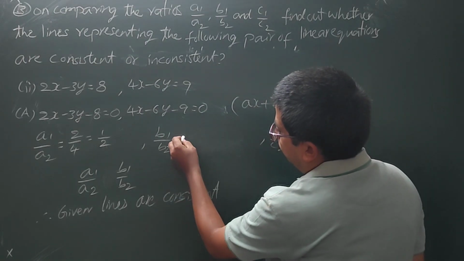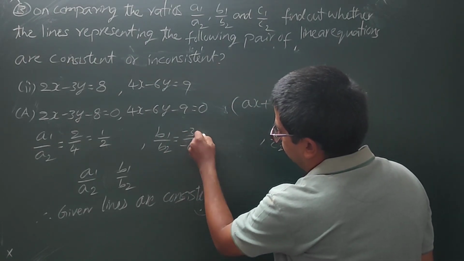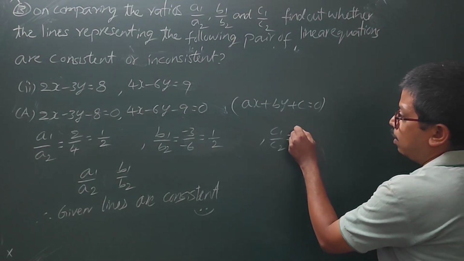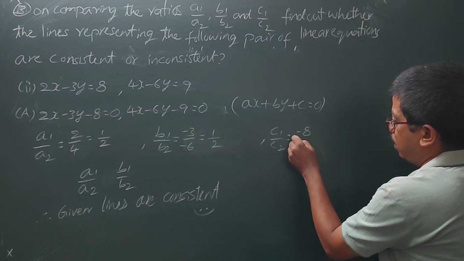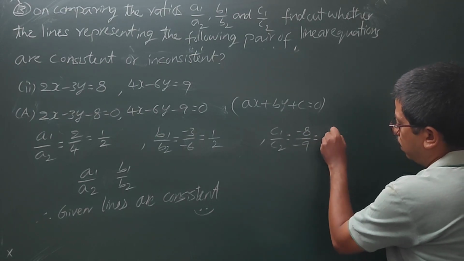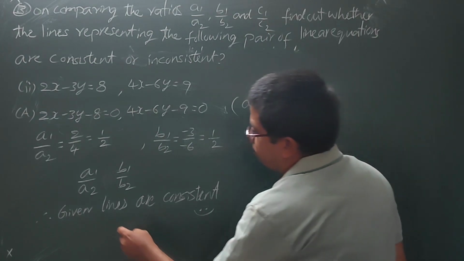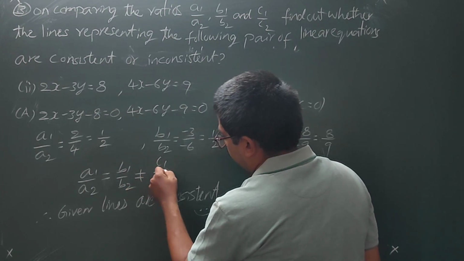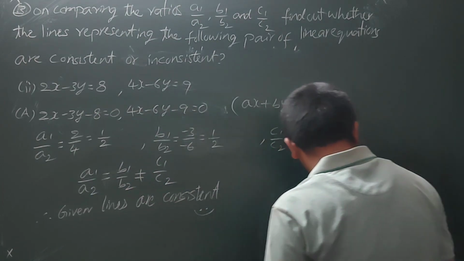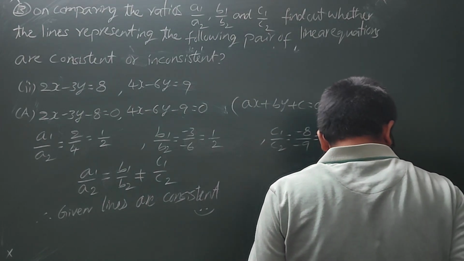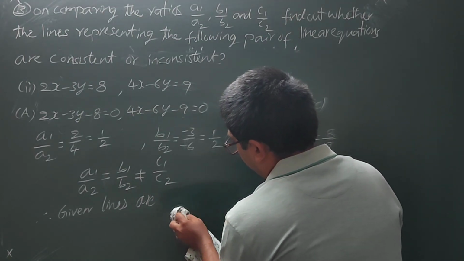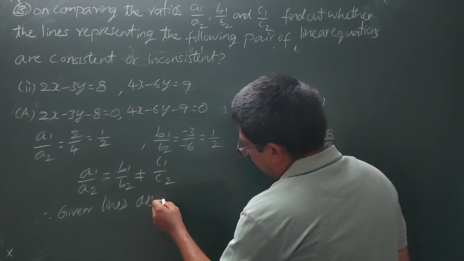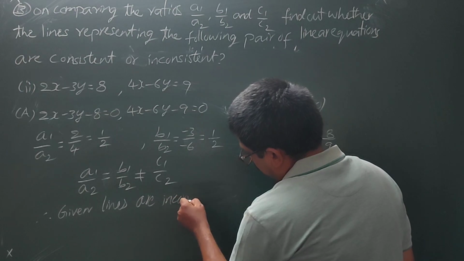Next, b1 by b2, minus 3 by minus 6 equal to 1 by 2. c1 by c2, minus 8 by minus 9 equal to 8 by 9. We can observe a1 by a2 equal to b1 by b2 not equal to c1 by c2. We can conclude given lines are inconsistent.